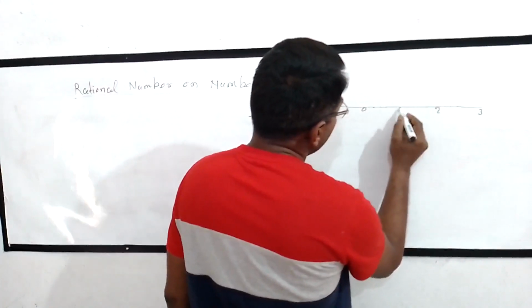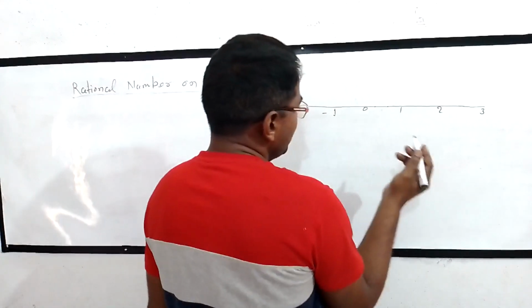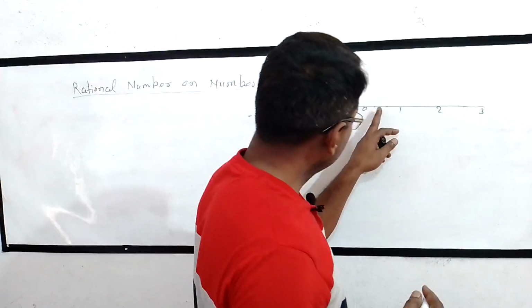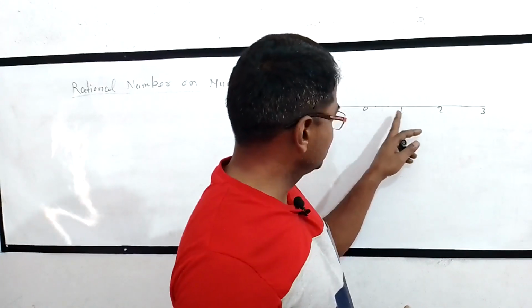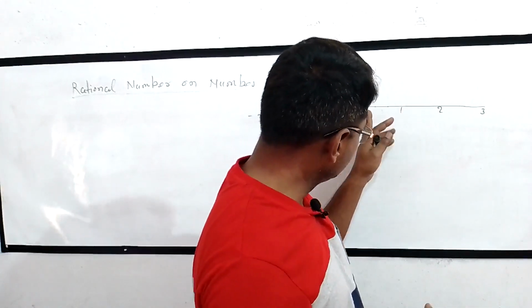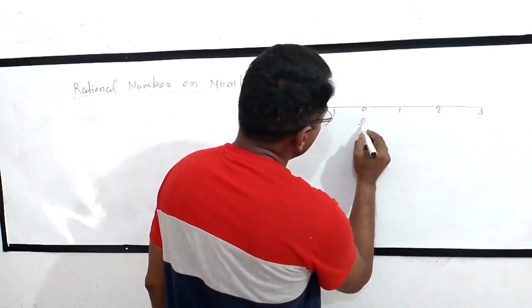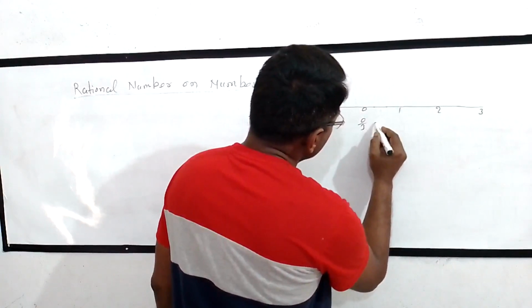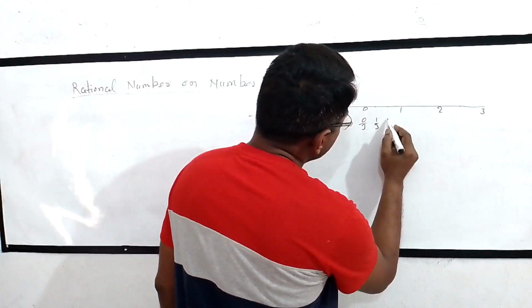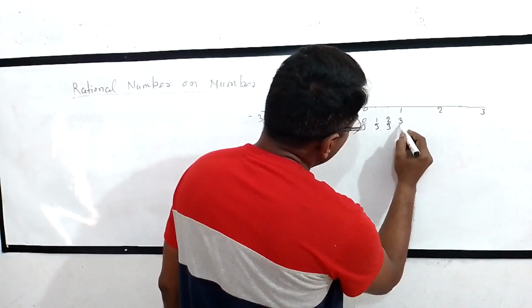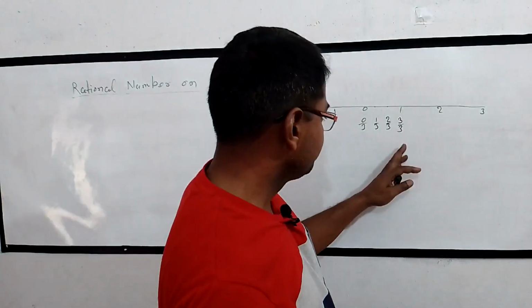1, 2 and 3. You have divided the integer from 0 to 1 into 3 parts. So what will be this value? 0 by 3. This value? 1 by 3. This value? 2 by 3. This value? 3 by 3.